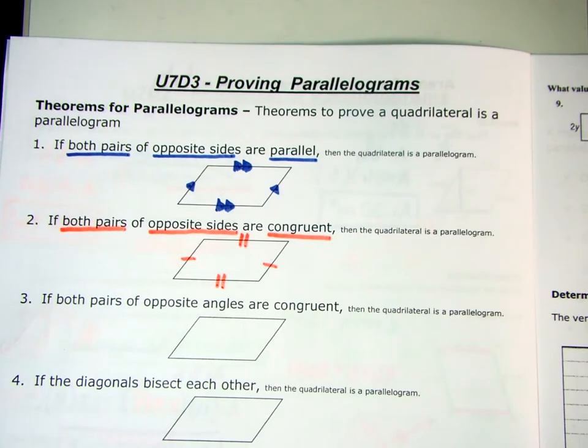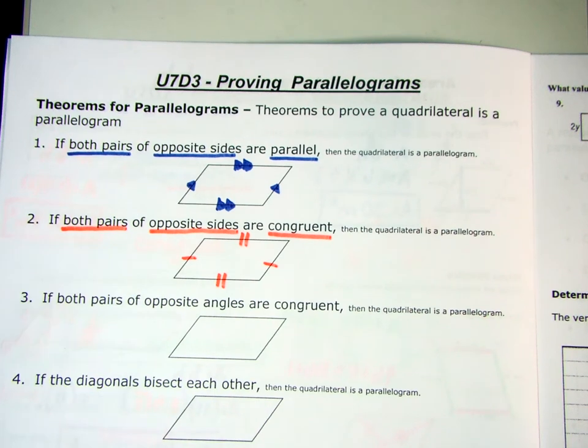If I can prove that those sides are congruent, or it's given to me that both of those pairs are congruent, then I know, even though it's not marked, that opposite sides are parallel, opposite angles are congruent, consecutive angles are supplementary, and diagonals bisect each other.